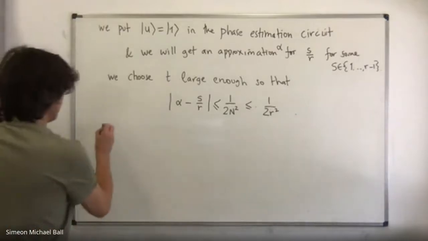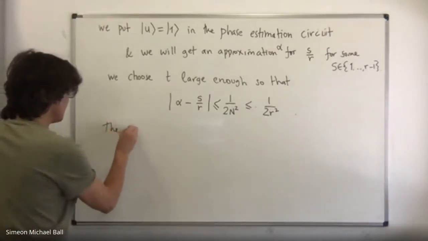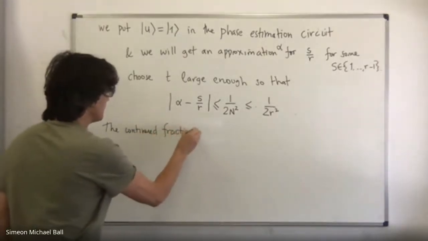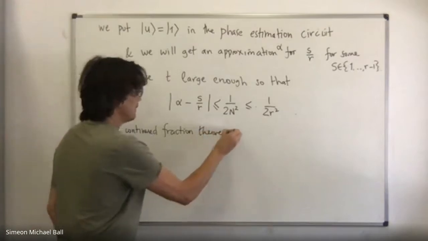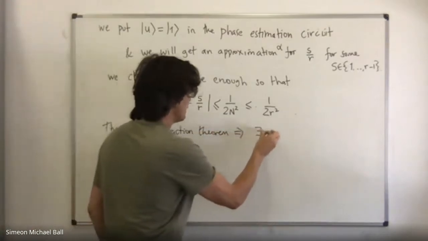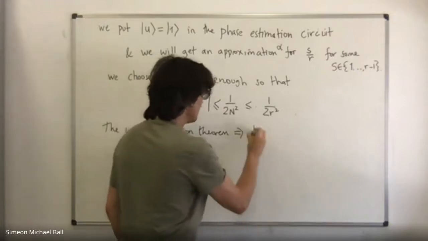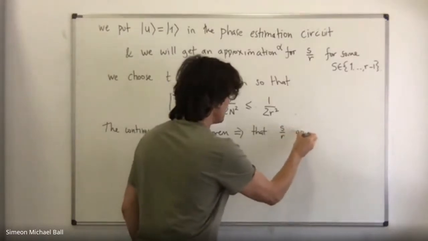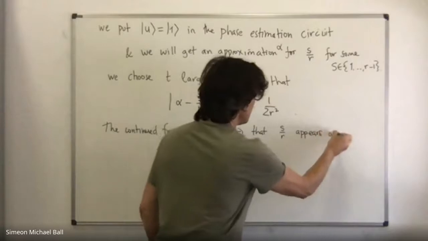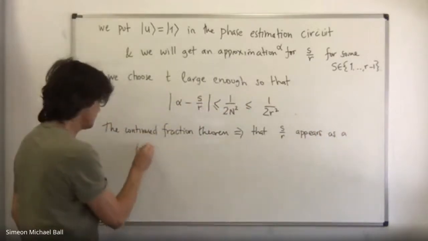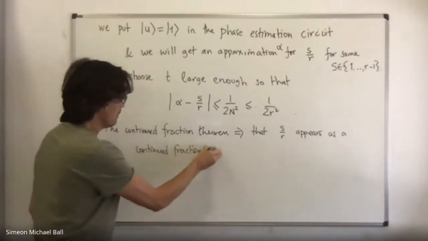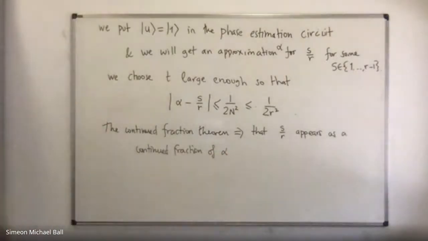So there's a theorem, the continued fractions theorem, which implies that S divided by R appears as a continued fraction of alpha. Okay, so I will now explain to you what continued fractions are for those that don't know.